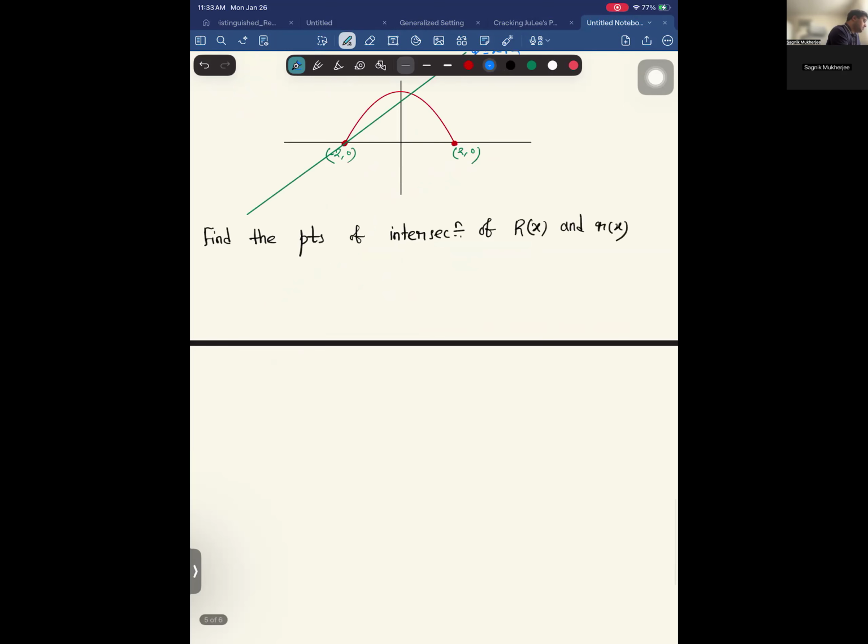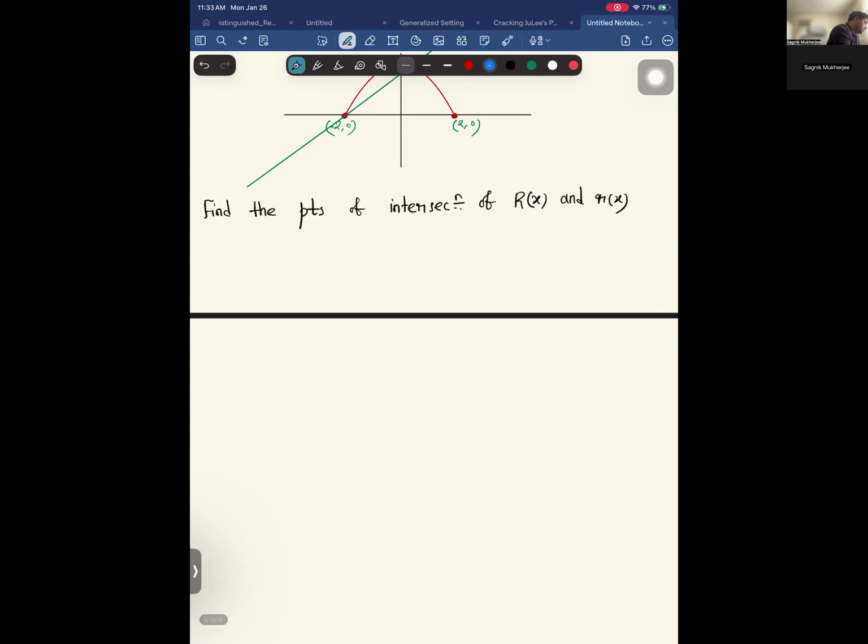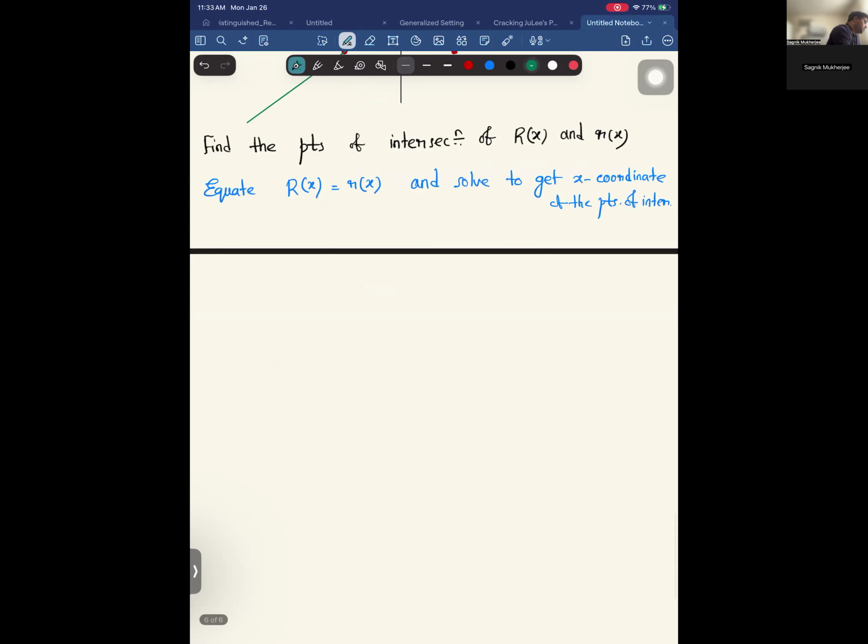Well, again, equate and solve it to get the x coordinate of the intersection points, right? So how do you do that?